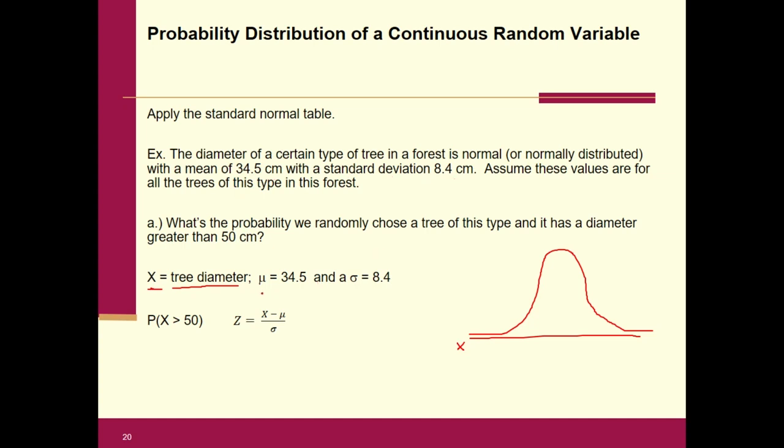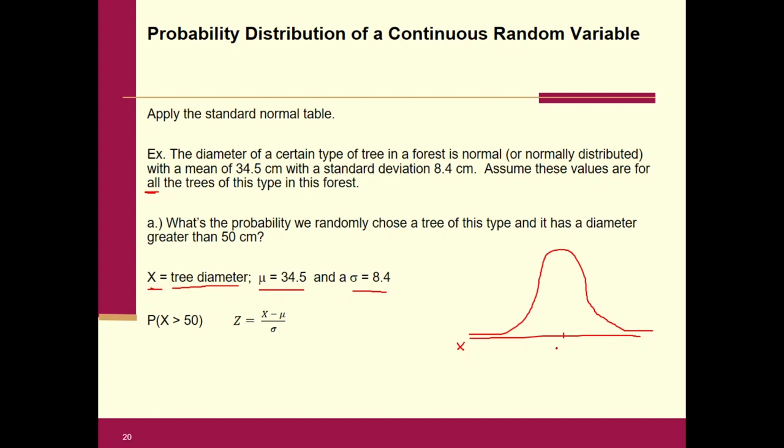And so what did we say there? Mu is equal to 34.5. It says, assume these values are for all the trees of this type in the forest. That's why I made this mu, and that's why I made that sigma. So we're talking about all the trees in the forest. So let's say mu is equal to 34.5, sigma is equal to 8.4.